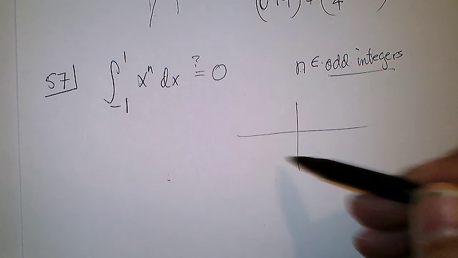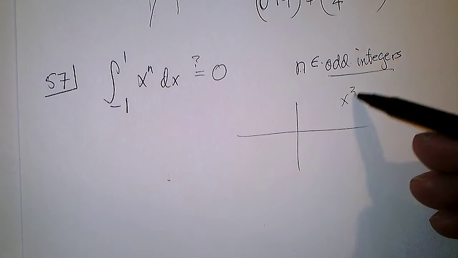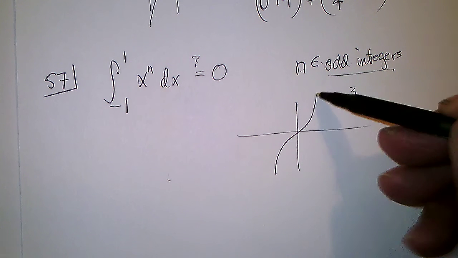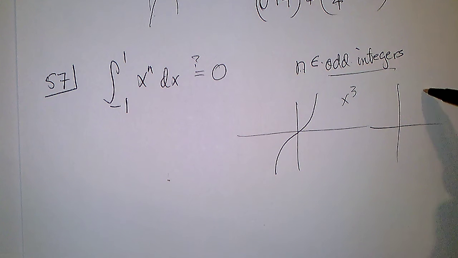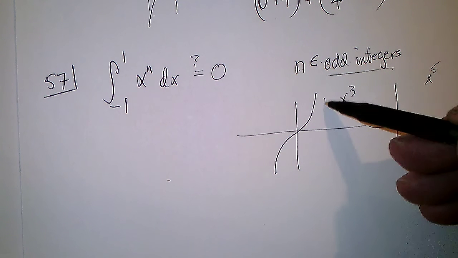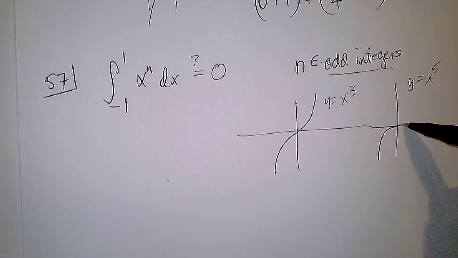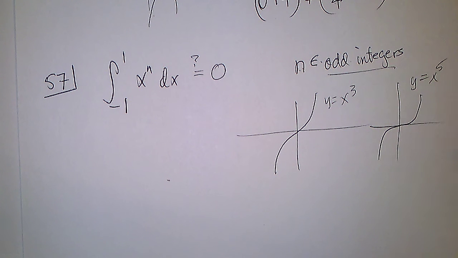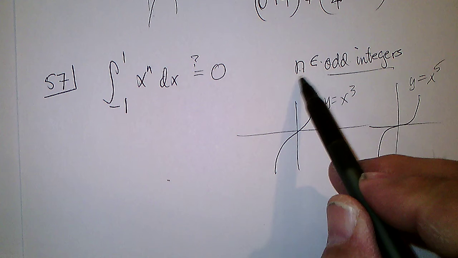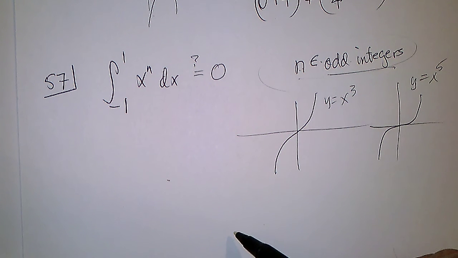And odd functions, like x to the third, is symmetric with the origin. X to the fifth is symmetric with the origin. It's a little flatter in here, but it's still symmetric with the origin. All odd functions are symmetric with the origin.